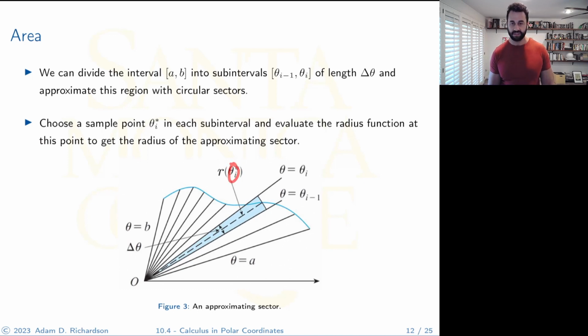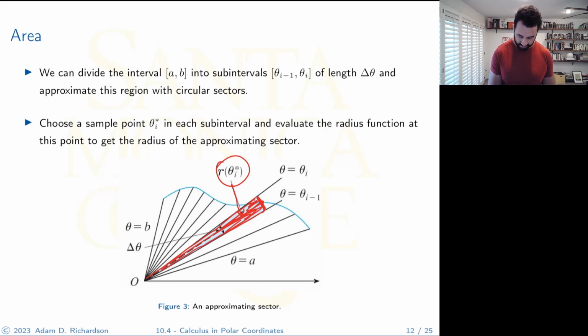We're going to plug θ_i*, that sample point, into our radius function, and it's going to give us the length of this ray right here. That line segment comes in contact with our polar curve, and that gives us the end of our circular sector.